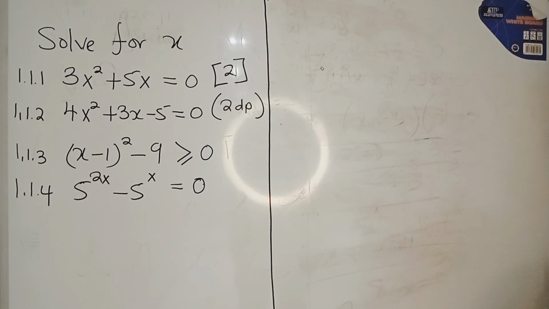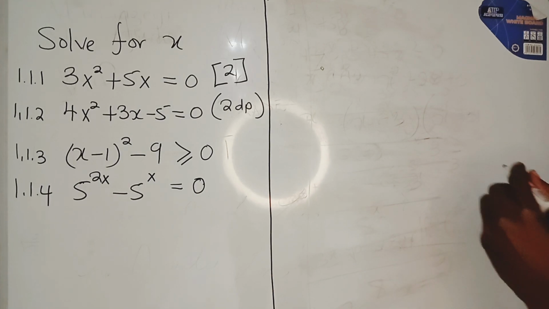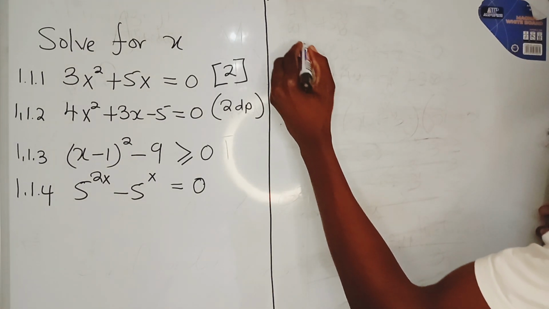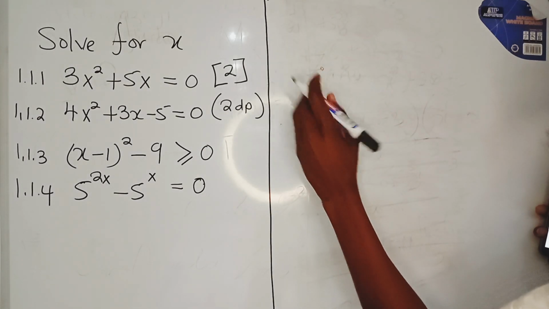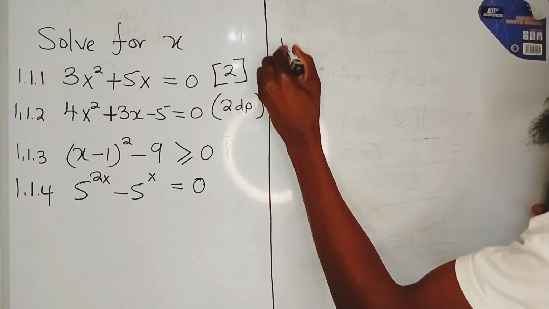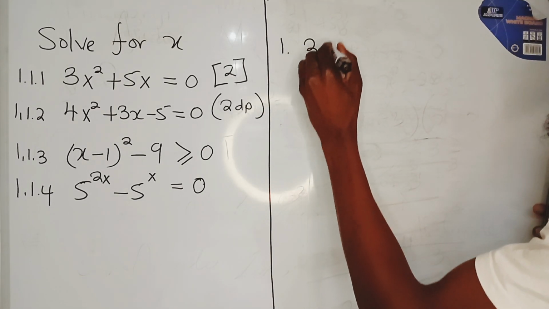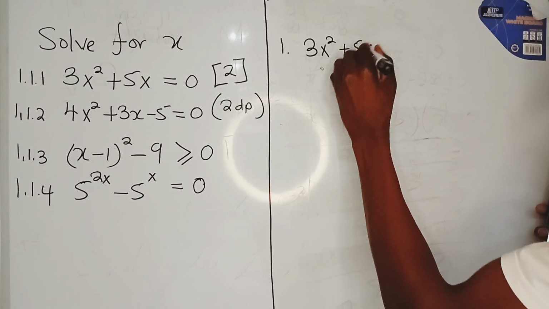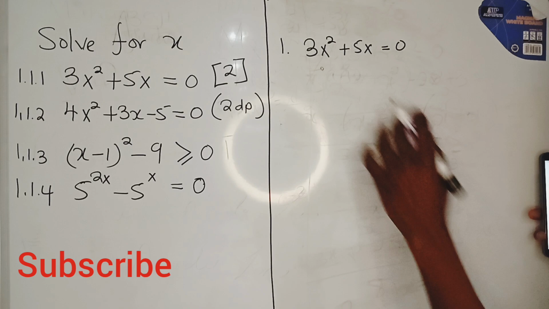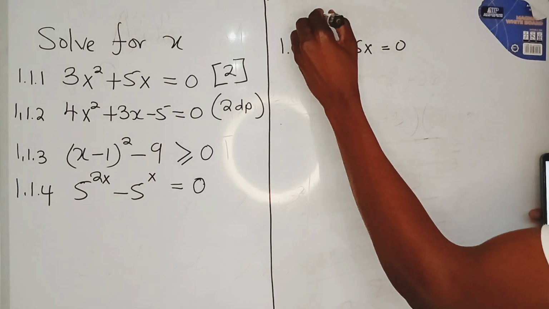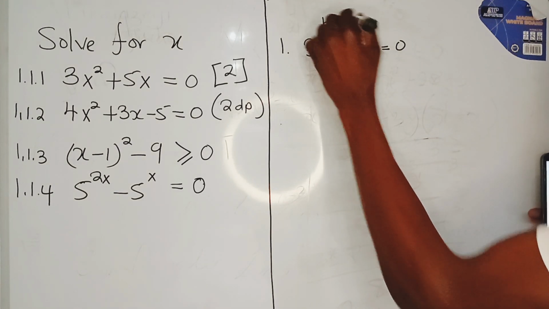So the first question here says, solve for x given that 3x squared plus 5x is equal to 0. When they say solve for x, it means find the value of x. What you do with this kind of question is look at the left hand side, right?